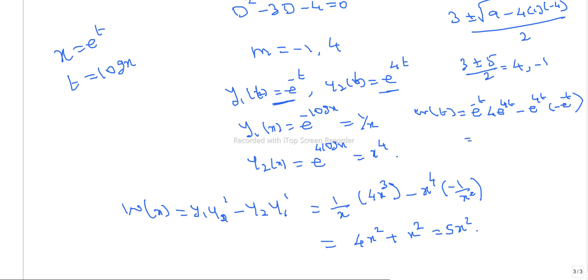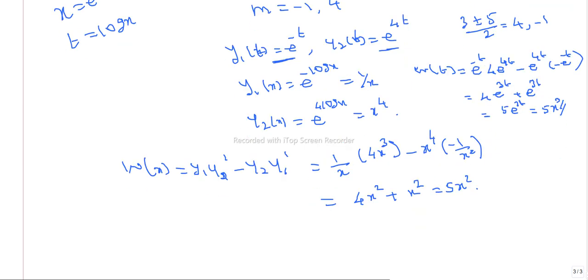So therefore 4 e power 3t, minus minus plus, 5 e power 3t. Okay, anyway I am correct, right? Therefore 5 times e power 3t, but therefore 5 times x cube. I get 5 times x cube, but here I get 5 times x square.